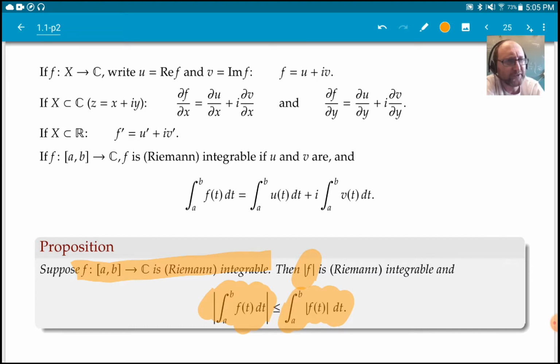It takes a bit of work to figure out why it is Riemann integrable and why that's still true, but it is. You have it for real functions, but you also have it for complex functions. For complex functions it might be a little less obvious, but it's still true.